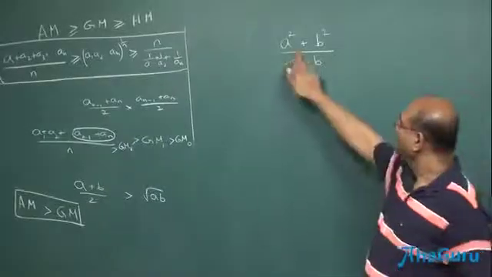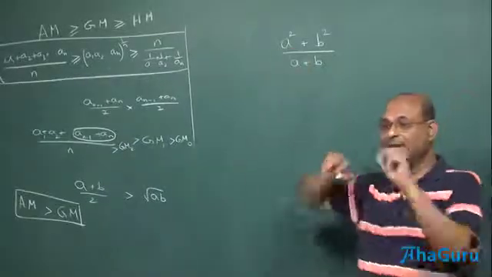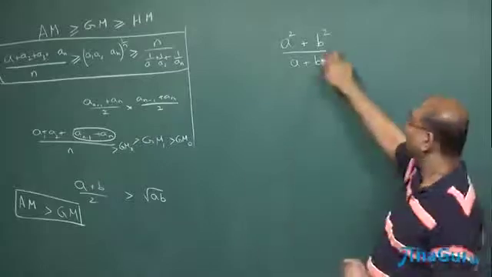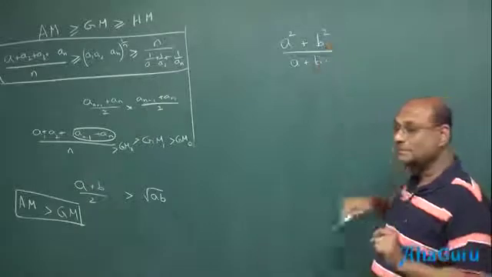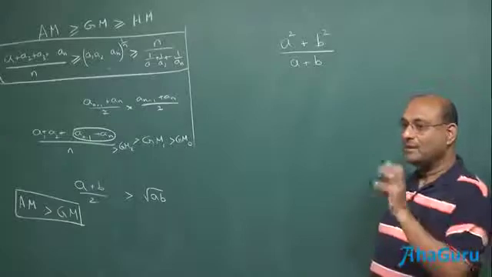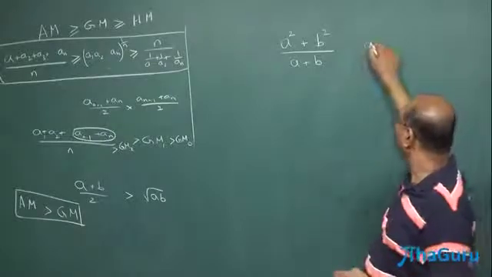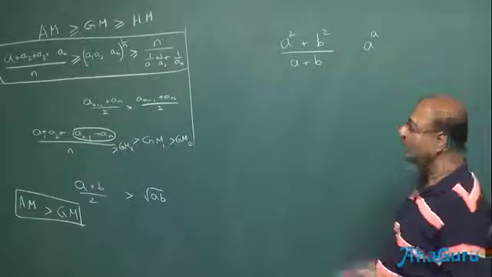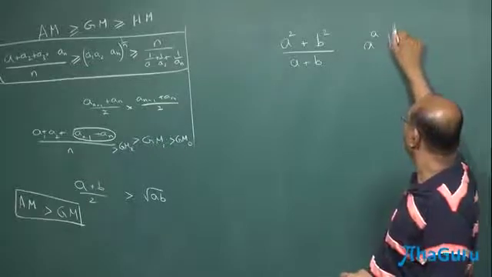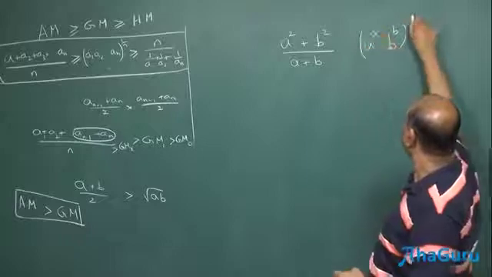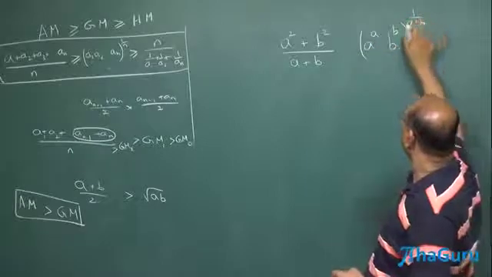What have we done? We are now treating a square as a a's plus b b's. What will be its geometric mean? A into a into a into a, a times. So what will that be? A to the power a, b to the power b, whole to the power 1 by a plus b.